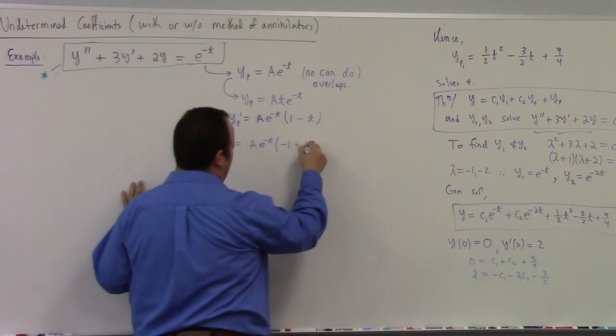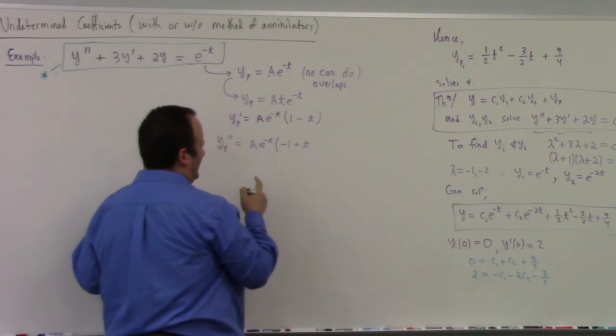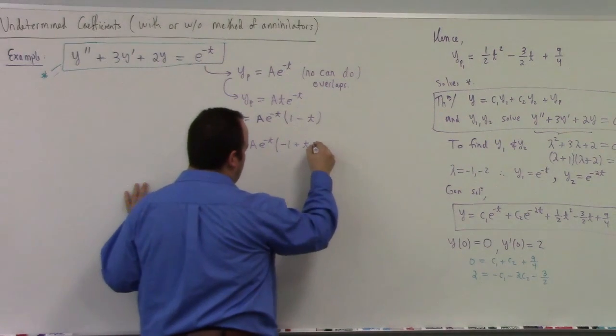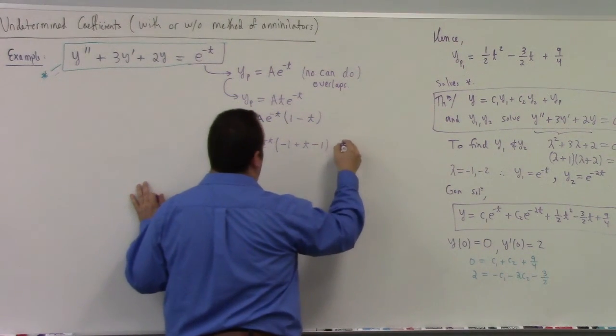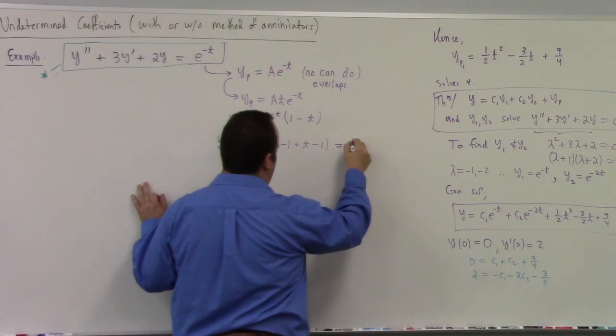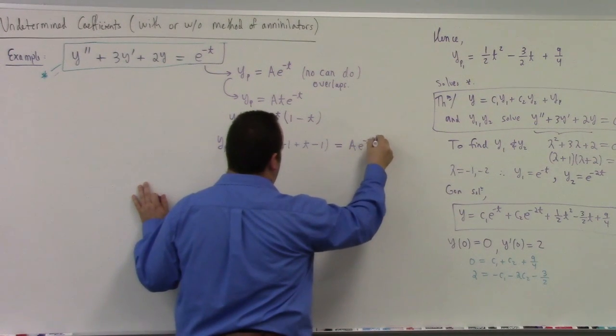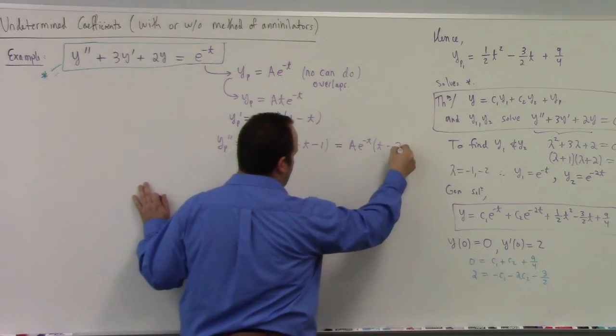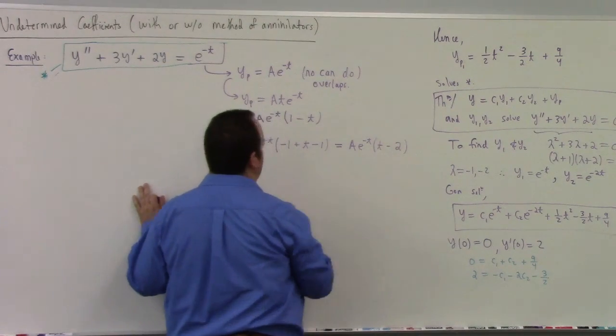Minus 1 plus t, that's from the e to the minus t term. And then minus 1, I think. You guys can check me on that because I'm kind of feeling like death today. Let's see here, t minus 2. So I don't trust my calculations that much.